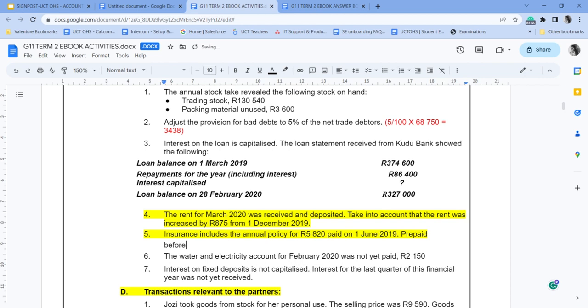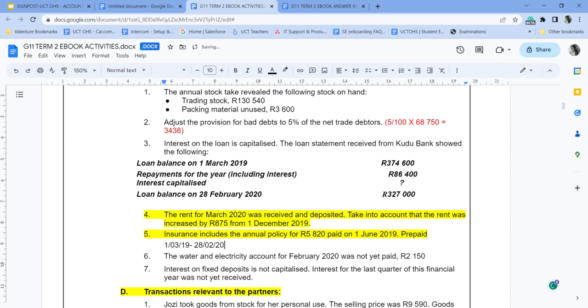So we're just going to say that the accounting period starts on the 1st of March, 2019. And we know that our accounting period ends on the 28th of February, 2020.